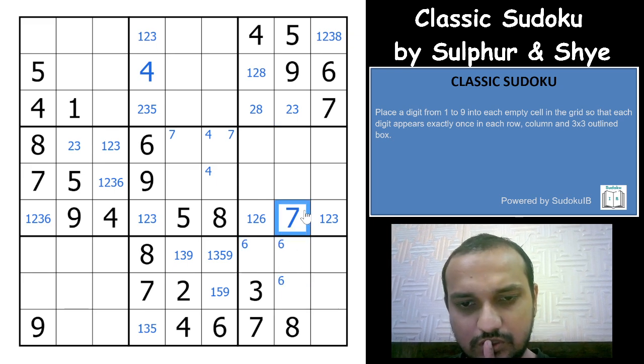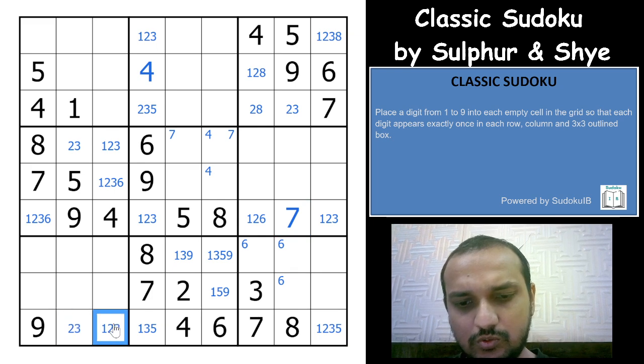Sixteen is in one of these three cells. 1, 2, 3, 5, 2, 3, 1, 2, 3 and a 5.